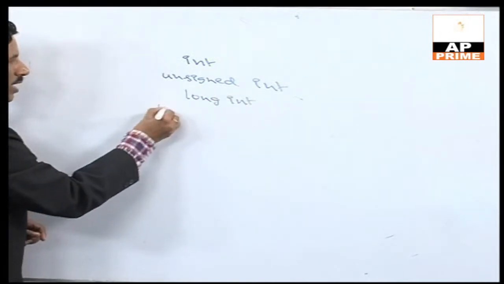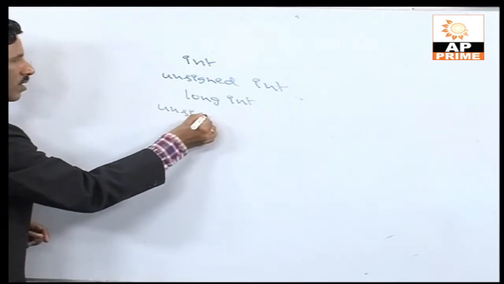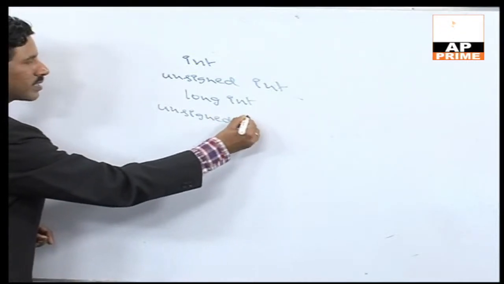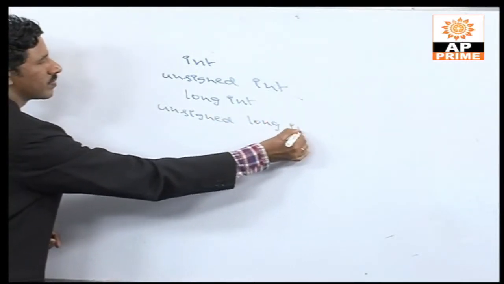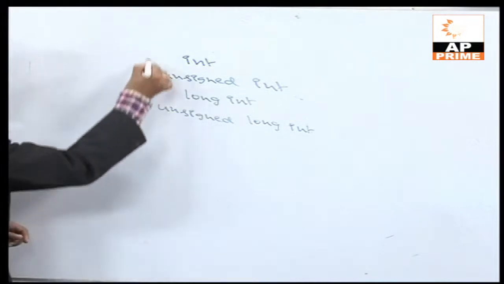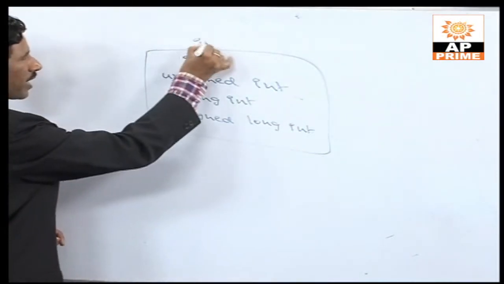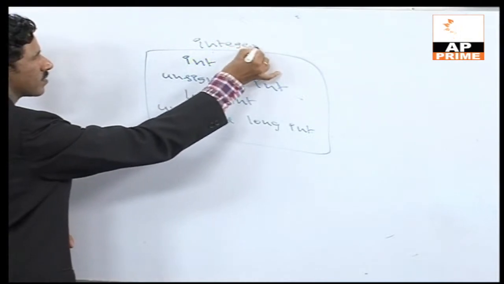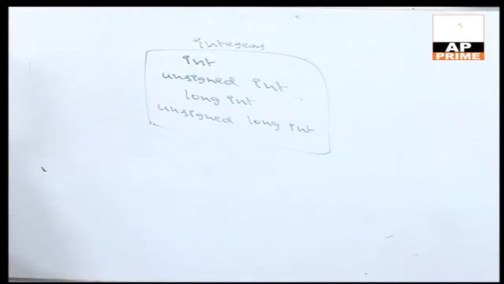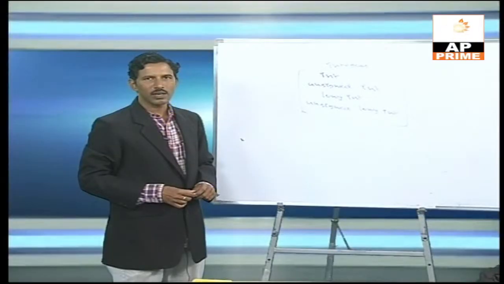What is one more I discussed? Unsigned long int. These are the 4 types you can work under C language, under the integer category: int, unsigned int, long int and unsigned long int.